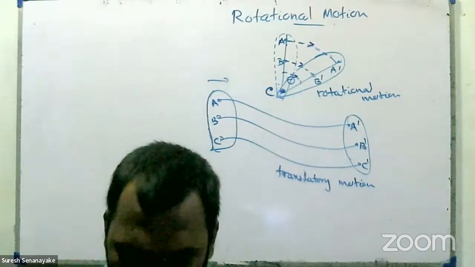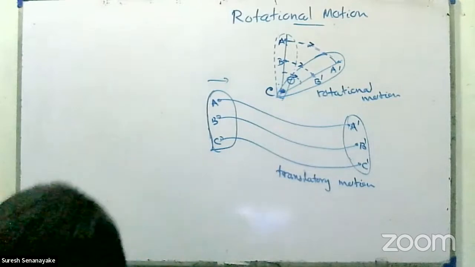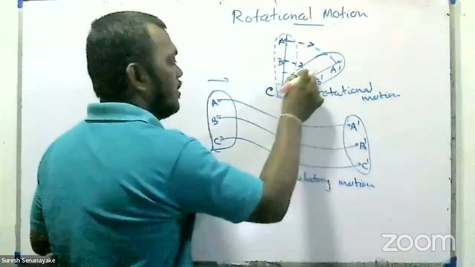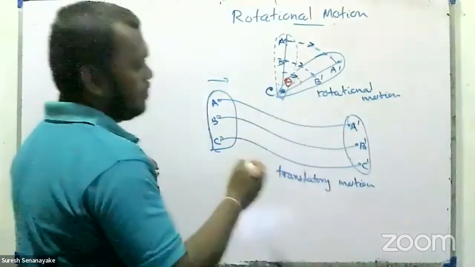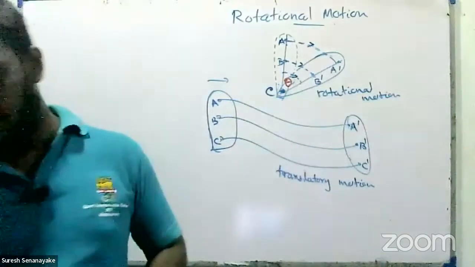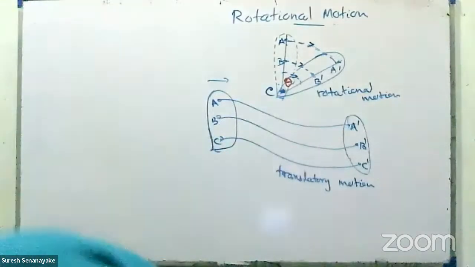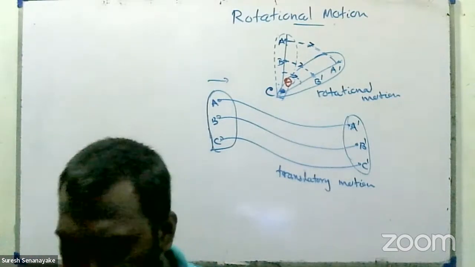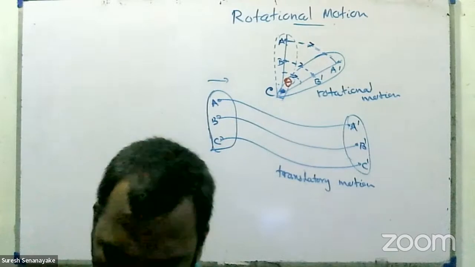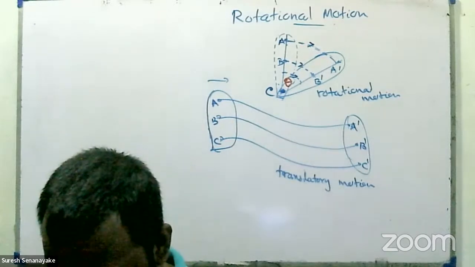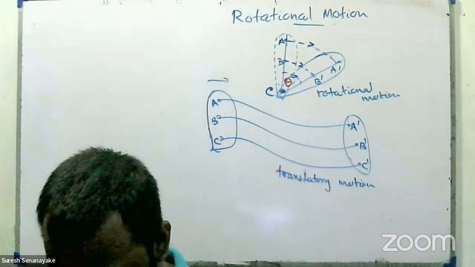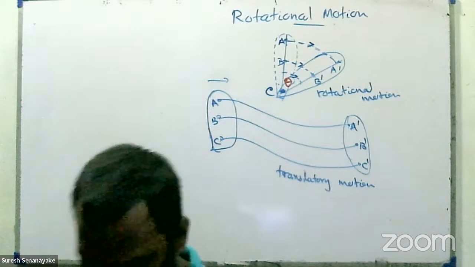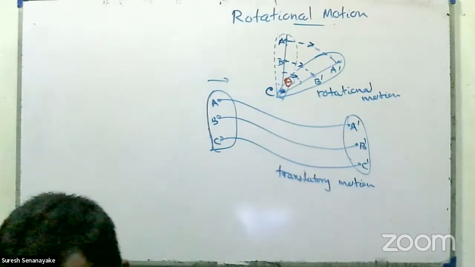What is called rotatory motion? Here also, but different particles of the body have different linear displacements.